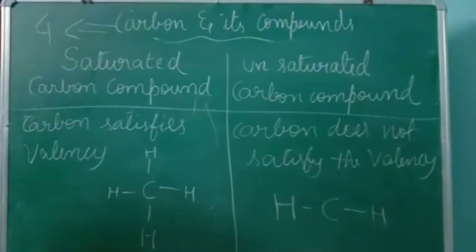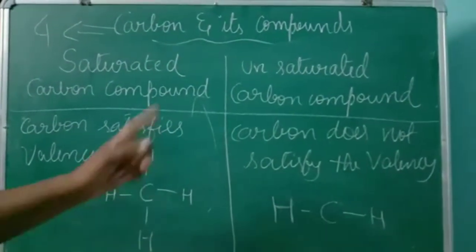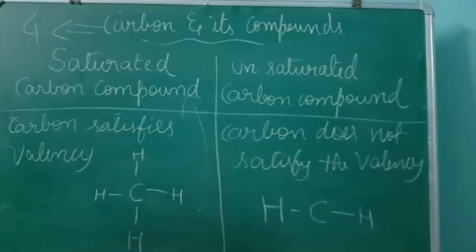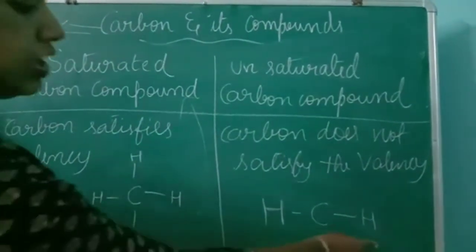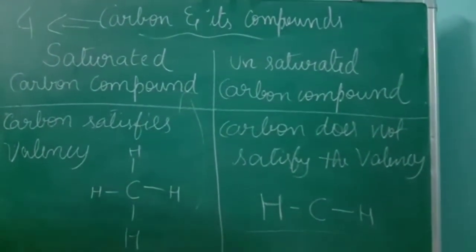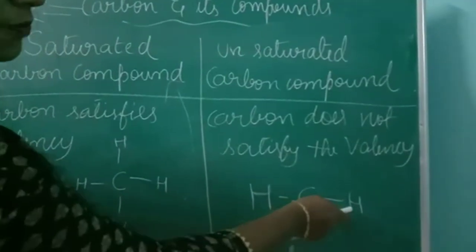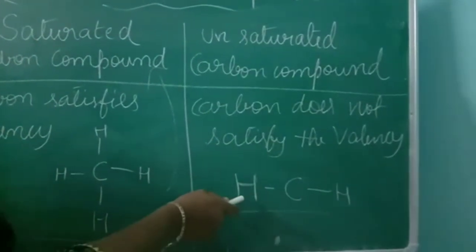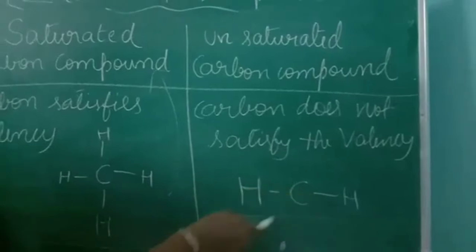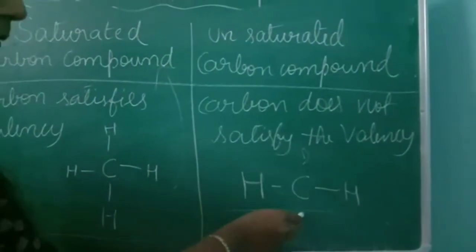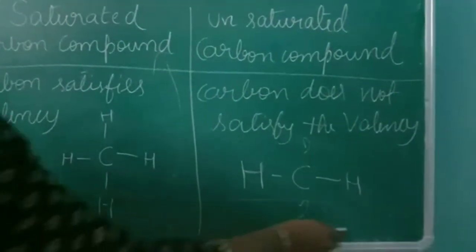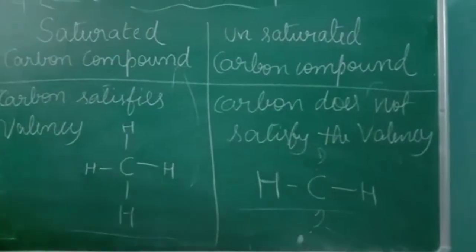But in an unsaturated carbon compound, the carbon atom does not satisfy the valency. So you can see here in the structure, C is in the middle and there is one bond with the hydrogen and the other bond with the hydrogen. So there are only 2 bonds. Still 2 more bonds are missing. Right, so that comes under unsaturated carbon compound.